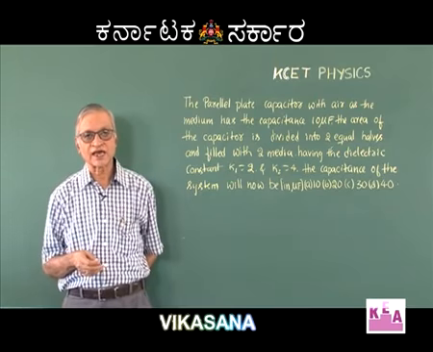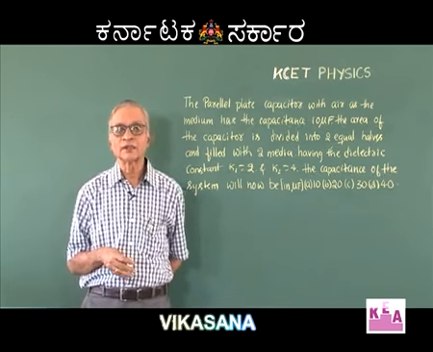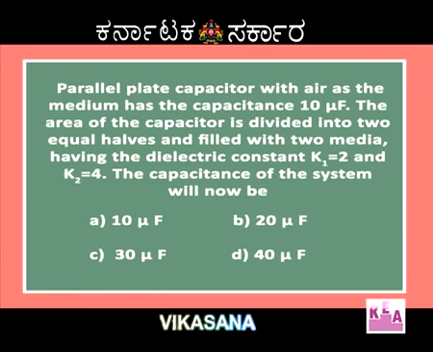The next two questions are very important from the concept point of view. I request you to please note the concept carefully. Now, I will take the next question. A parallel plate capacitor with air as medium has the capacitance 10 microfarad.